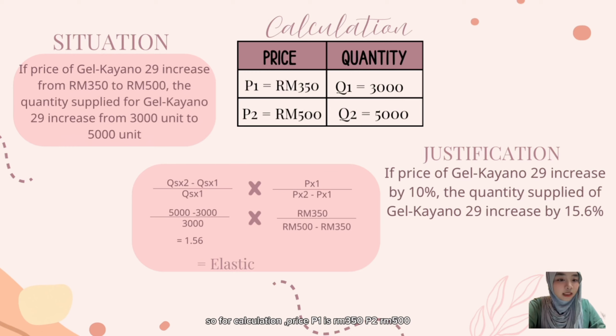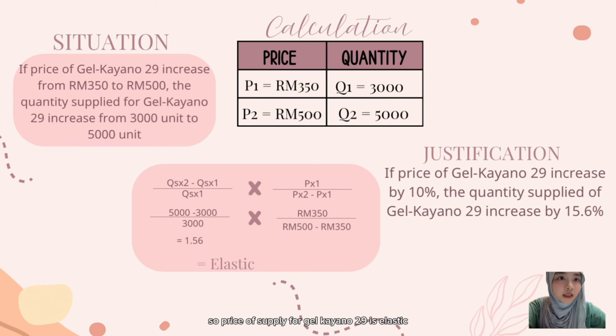So for calculation, price P1 is 350, P2 500. And for quantity, Q1 is 3,000 and Q2 is 5,000. And we will put the value into the formula and we will get 1.56.